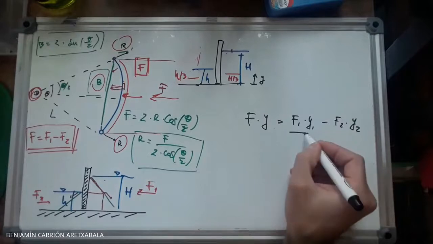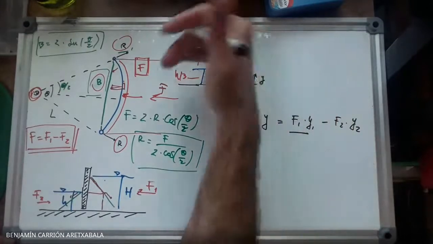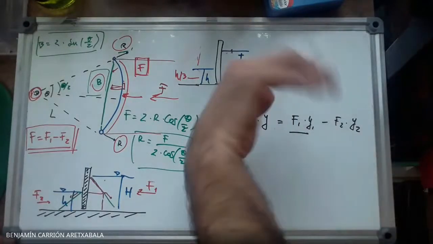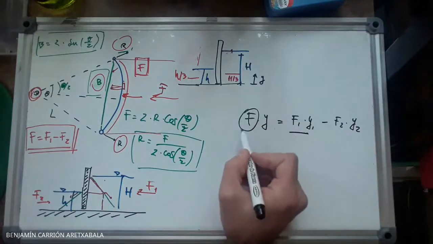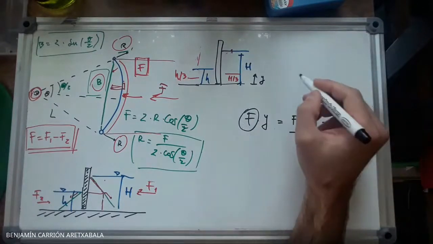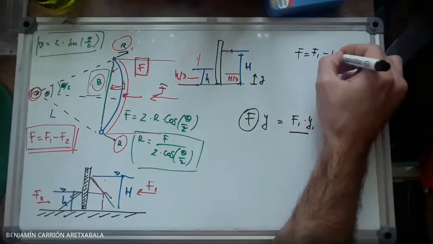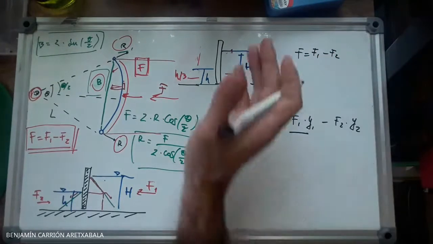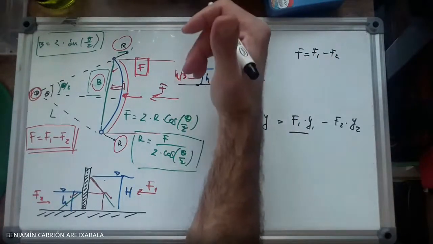So this is a positive torque. This is a negative one, and we are assuming already that, I mean, we know F is F1 minus F2, so it's going to be positive too. It's going to be in that direction, right?